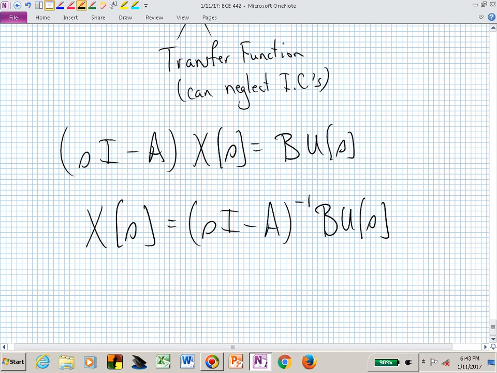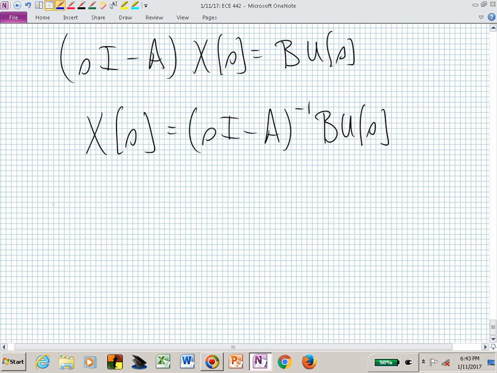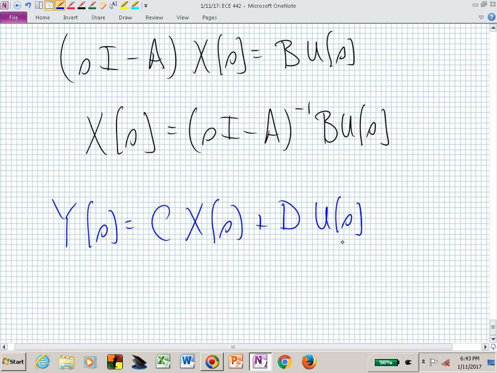But if we want the output in terms of the input, which is what we want for our transfer function, we can Laplace transform the output equation to find Y of s is equal to C capital X of s plus D U of s.